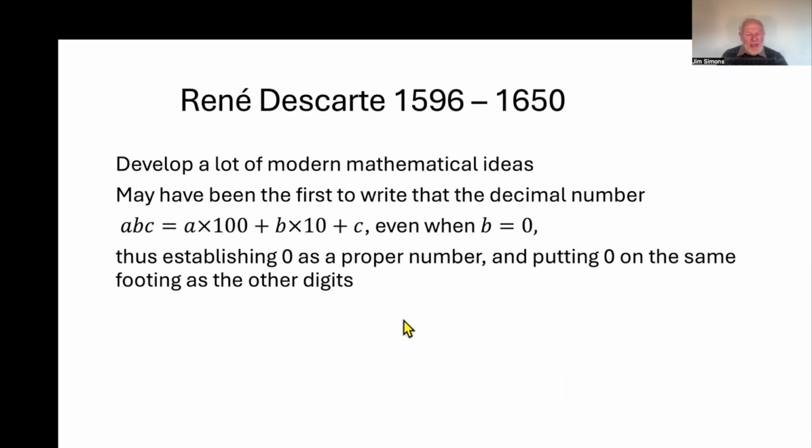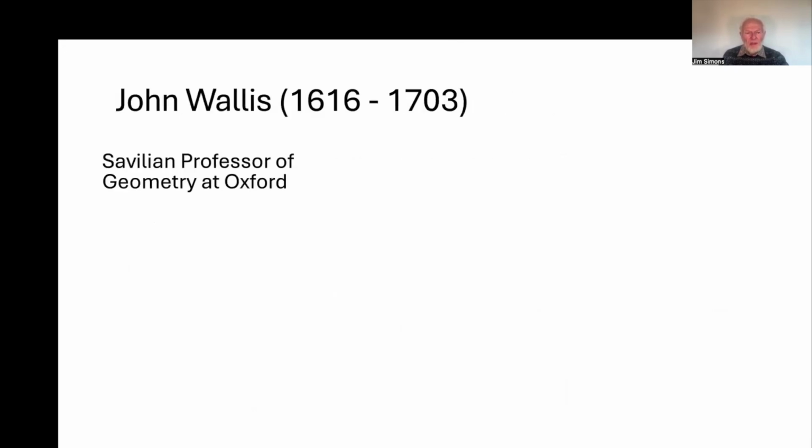So that really does mean that we're thinking of 0 as a proper number and putting 0 on the same footing as the other digits. But notice what time this is. It's the 17th century, dawn of the age of enlightenment, and we're still only just getting to the point where 0 is another number and another digit along with the others.